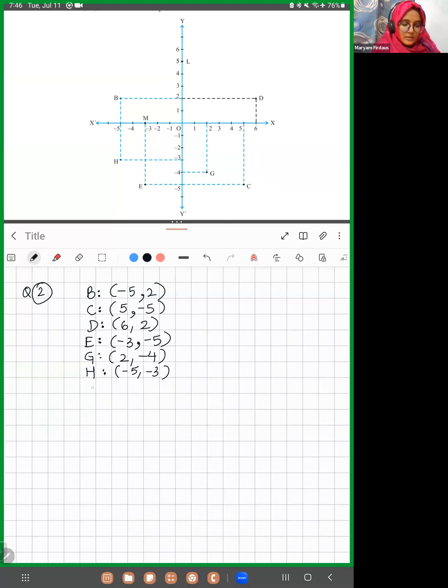Abdul Jabbar, do we have anything left? Yes. Abdul Jabbar, point L. 0, comma 5. L, okay, 0, comma 5. And Zain, M. -3, comma -5? M is minus 3, comma minus 5.